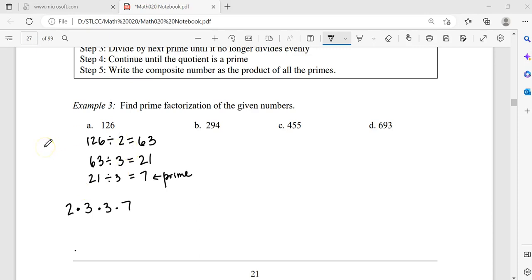All right, now that we know how the ladder method works, let's go ahead and do the actual ladder. I'm going to rework this problem using the ladder.